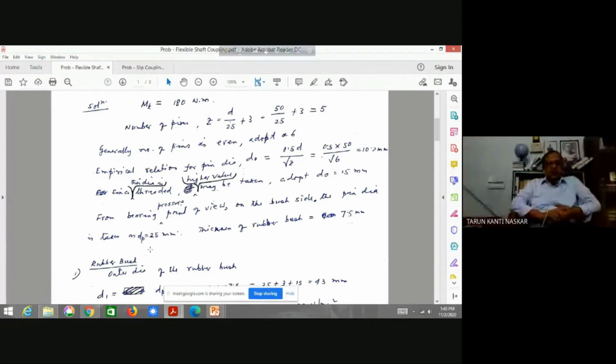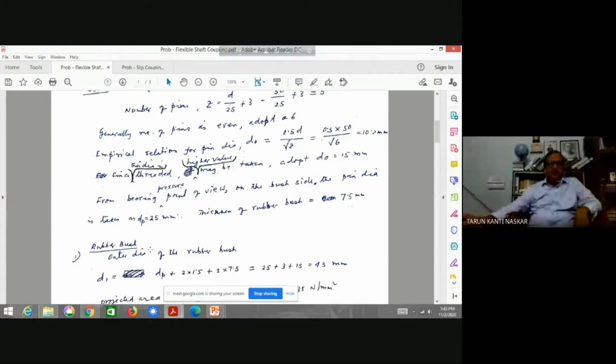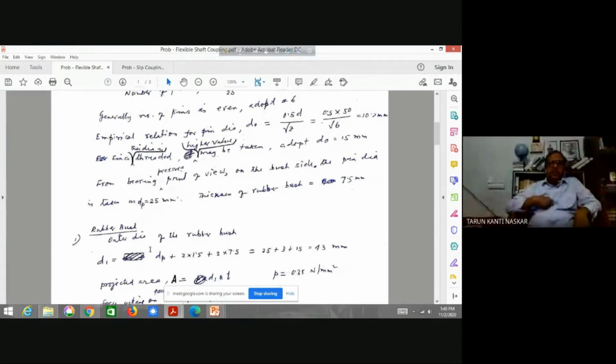So adopt the number of pins as 6. Don't reduce it, always take the higher side. So empirical relation for pin diameter. First of all find out by empirical relation, then check it against stresses. And the pin diameter D0 is 0.5 D by root Z, and that is 10 point something millimeter.